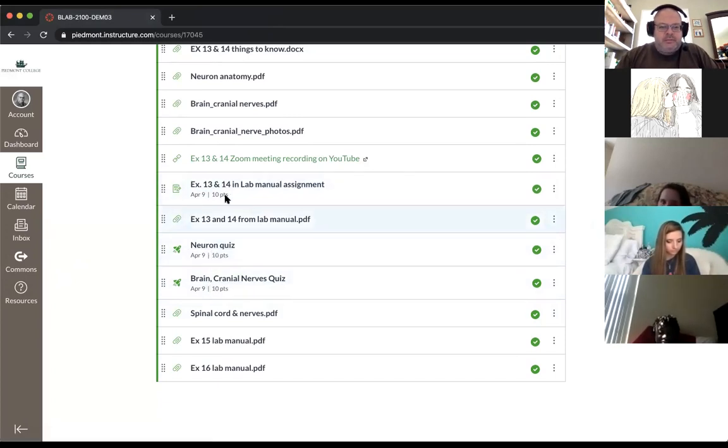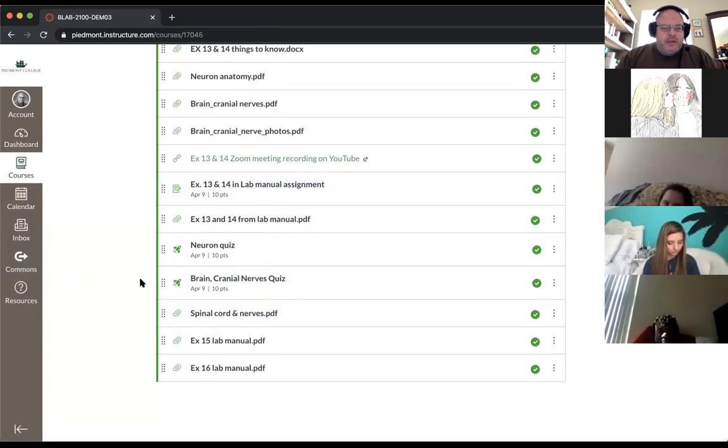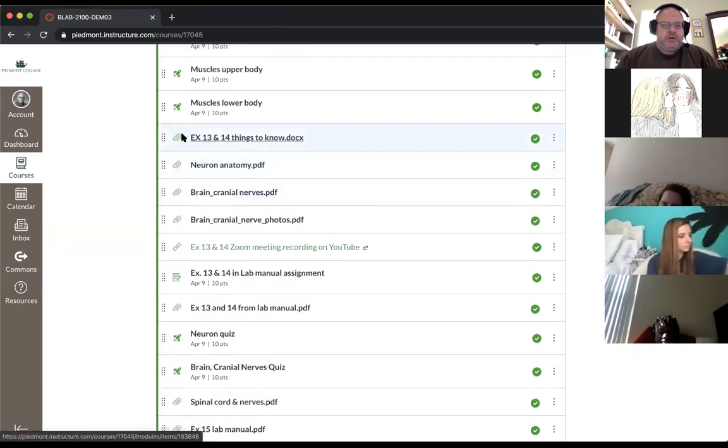And lab manual stuff from 13 and 14, which is the brain and neuron structure, and then the brain and cranial nerves. The new stuff I just put on earlier today, and I'll put on some other stuff later. Oh yeah. So okay, just a reminder.